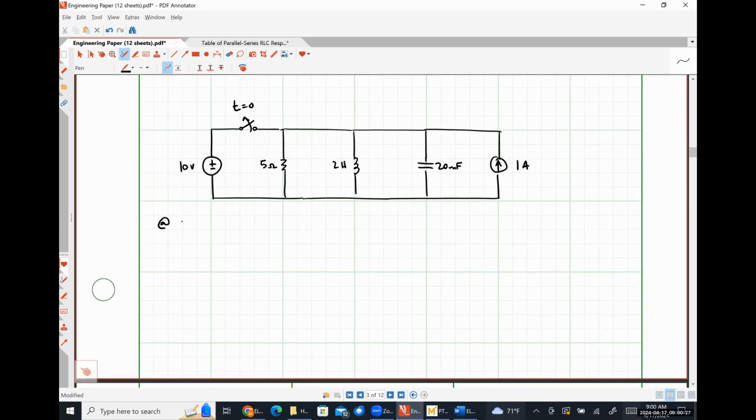So at t is equal to 0 minus, this is going to look like 10, here's 5. I might need to add another resistor in here just because I think I'm going to have my voltage source shorted out.